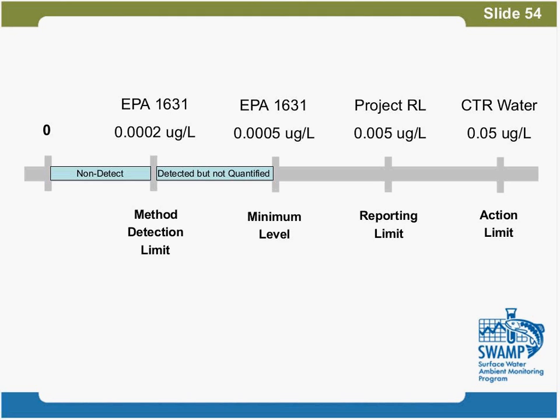Then there's the area where we have the detected but not quantified. So we have a signal that has not been quantified by the system. In this case, the signal is an estimate. Then we have a signal that's quantified.